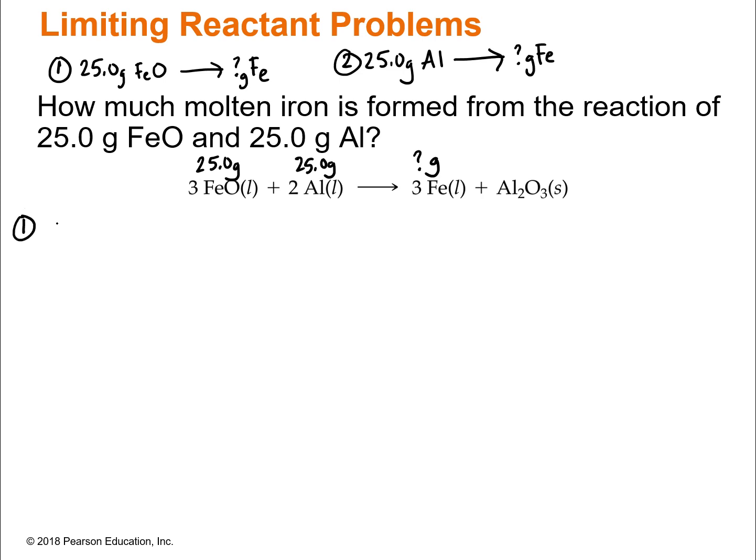For the first one, we're starting with the grams of iron 2 oxide. We're going from grams to moles. And that requires the molar mass. We get to moles of iron using a mole ratio.